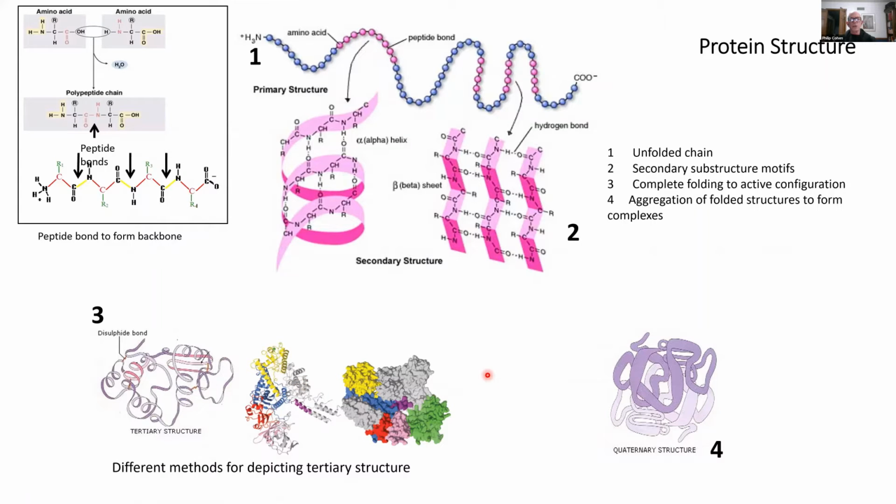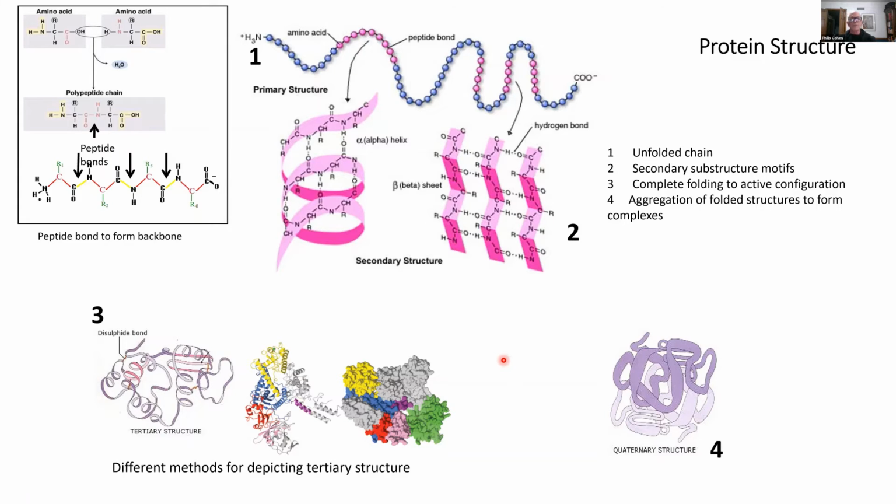And then there's yet a fourth level where a folded protein structure in its mature form can associate with another protein molecule and form complexes. So the point is really that there are a lot of ways that you can have variability in proteins.